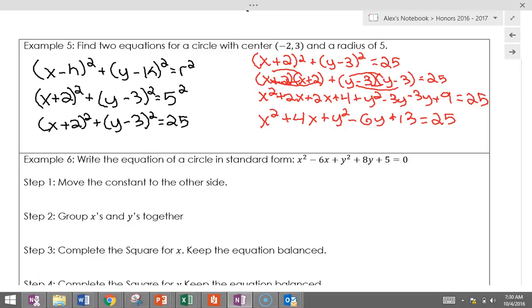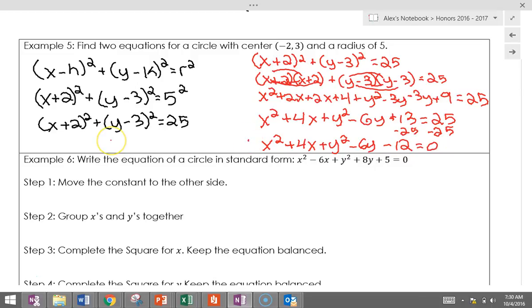Then really the last thing I need to do is set this equal to 0. So I need to subtract 25 from both sides. So x squared plus 4x plus y squared minus 6y plus 13 minus 25, which is minus 12, equals 0. So these equations are the same.